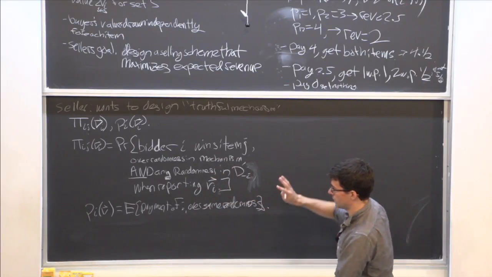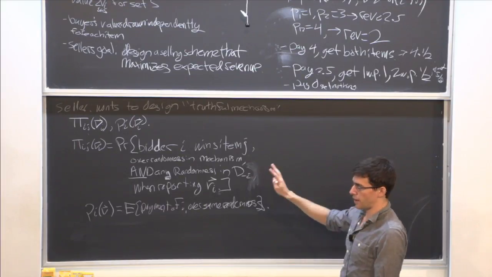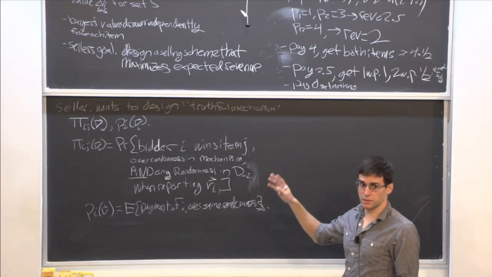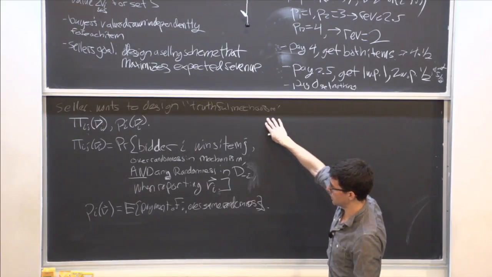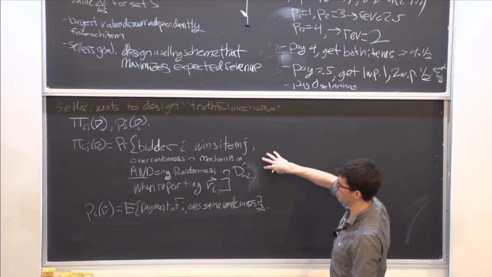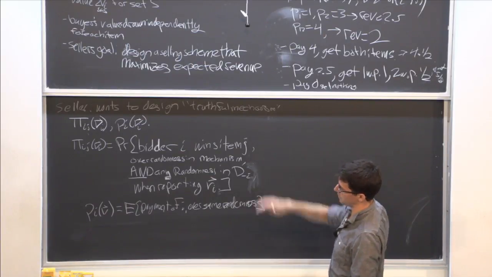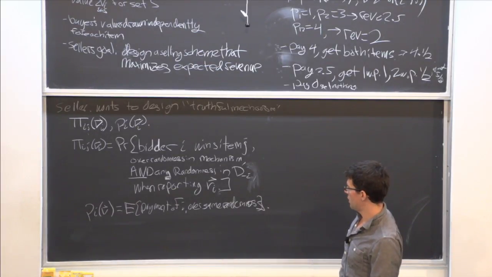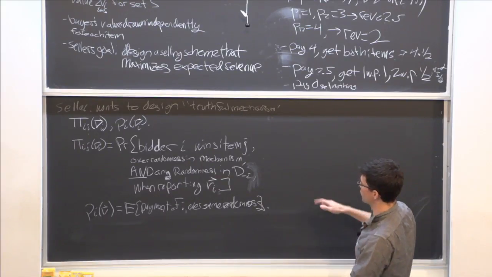Okay, so I'm going to claim that these are the only variables that are relevant to define a mechanism, if you want to solve an optimization problem to find the revenue maximizing truthful mechanism. So let me write a little bit more clearly what I mean.